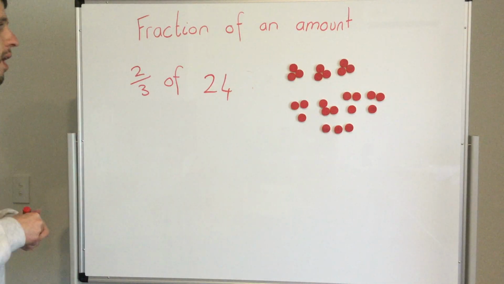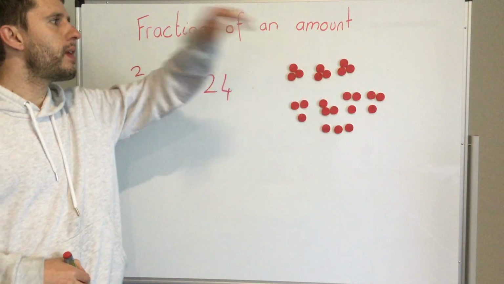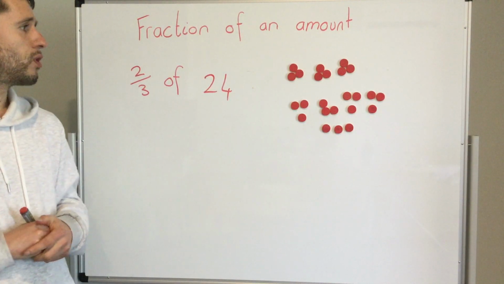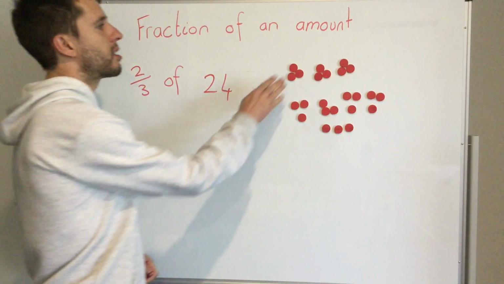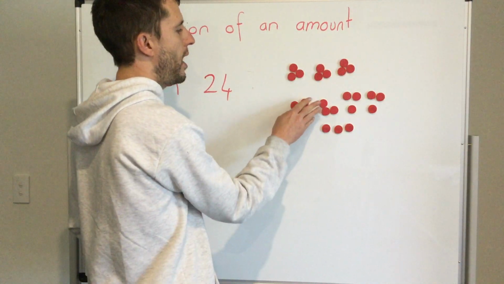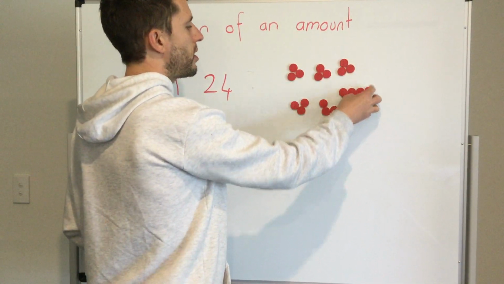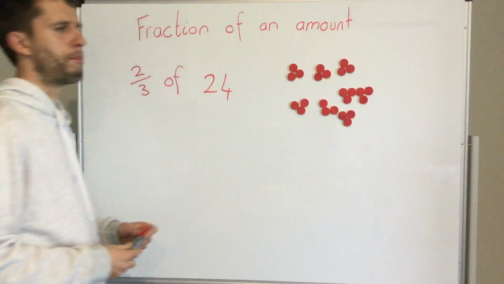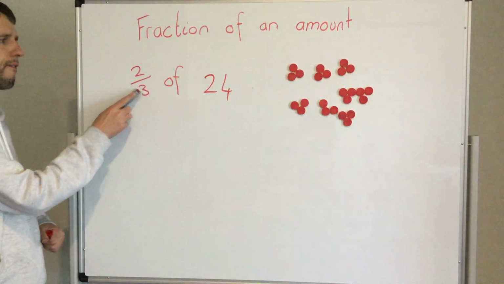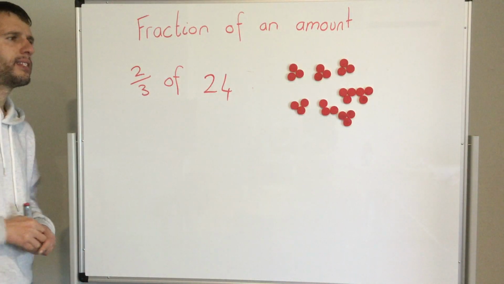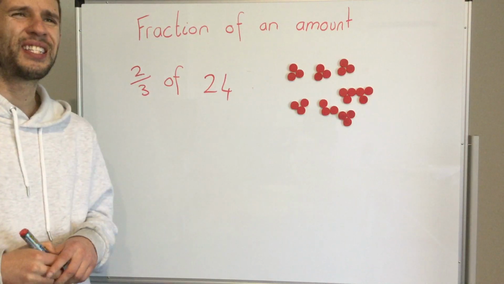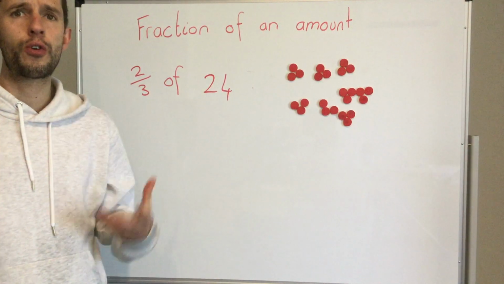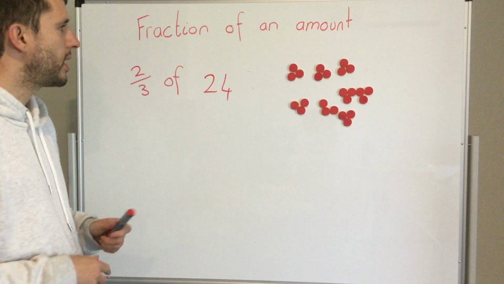And so now I'm going to go through this. So over here you can see that I have 24 magnets. 3, 6, 9, 12, 15, 18, 21 and 24. I look at my denominator. It says 3. Which means that I am going to be creating 3 groups in total.